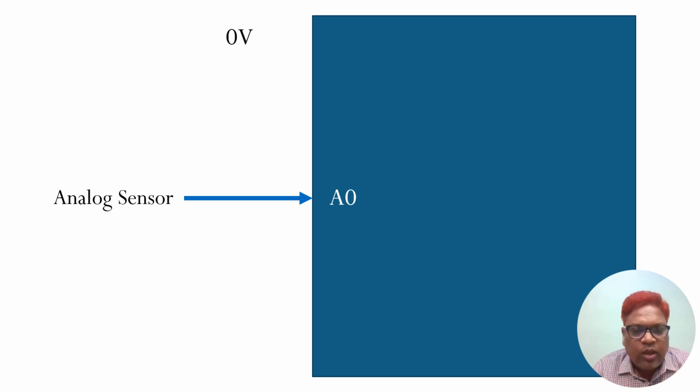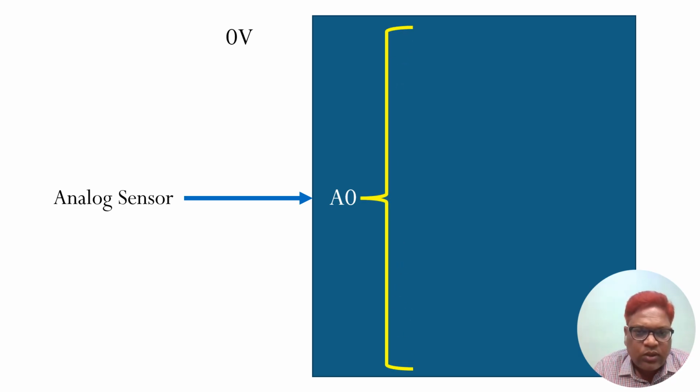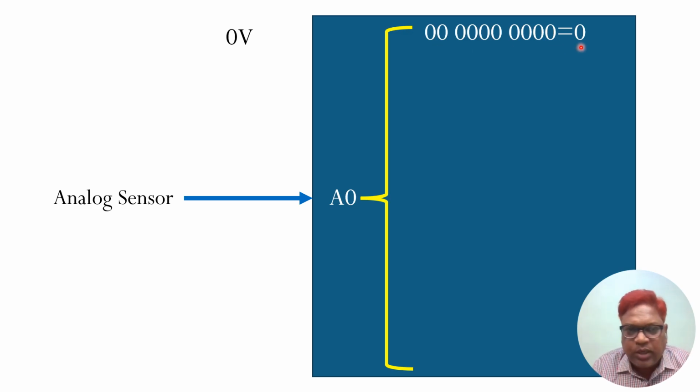The analog sensor output is normally within the range of 0 to 5 volts. When it ranges from 0 to 5 volts, it generates a 10-bit number within the controller, where 10 zeros correspond to 0 in decimal.